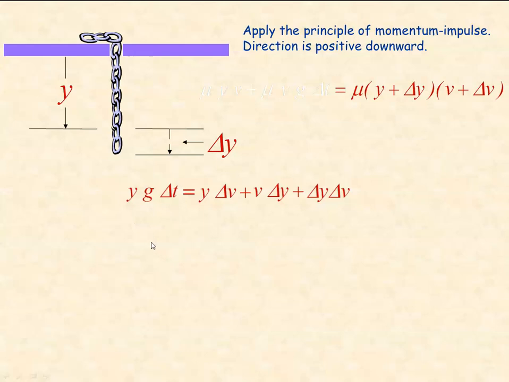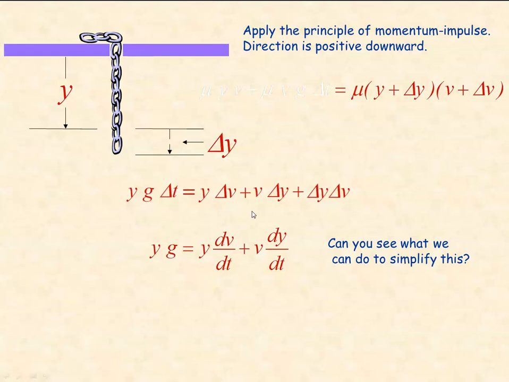Now if we divide through by delta t, we get yg right here. Over here we're going to get y dv/dt, and over here we're going to get v dy/dt. And the double delta term is going to go away as you divide through by delta t and let delta t go to 0. For instance, if you divide it into delta y, you get dy/dt, but then delta v right here is going to go to 0 as delta t goes to 0.